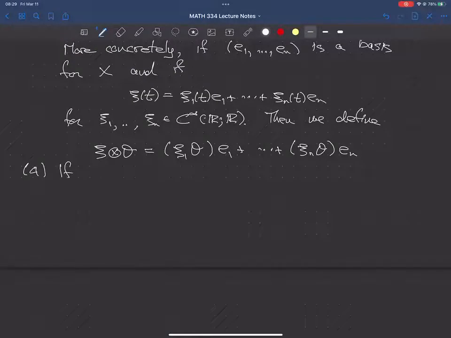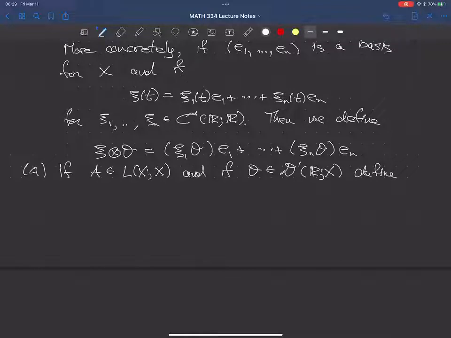Okay, so if A is a linear mapping on X, and if theta is a distribution, we can define A of theta to be a distribution on X by, again, the obvious formula.